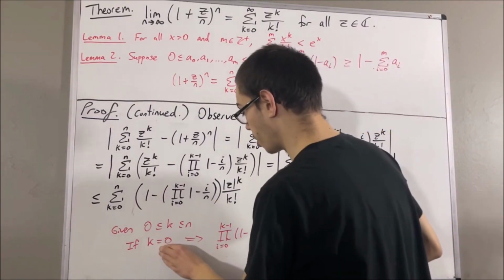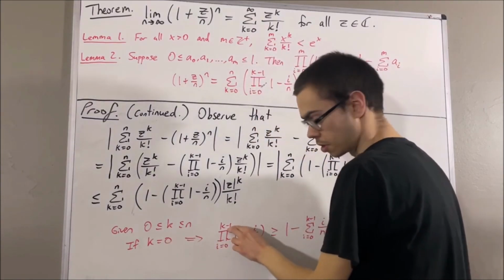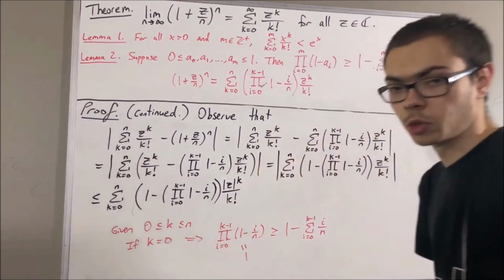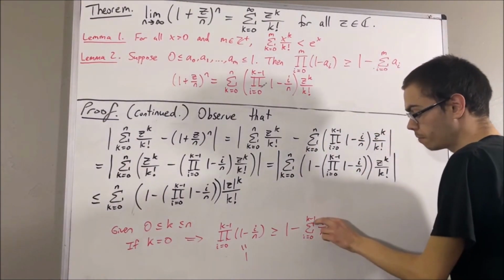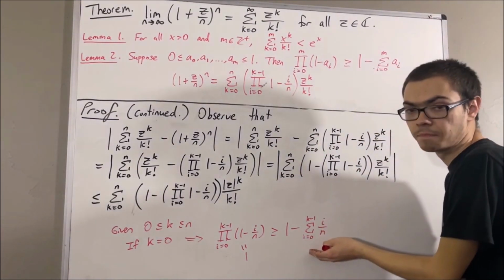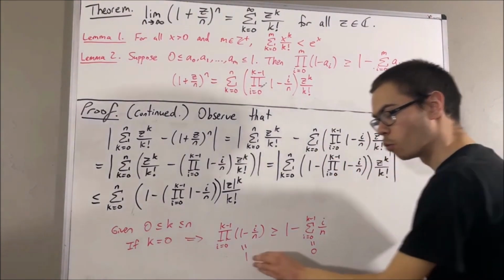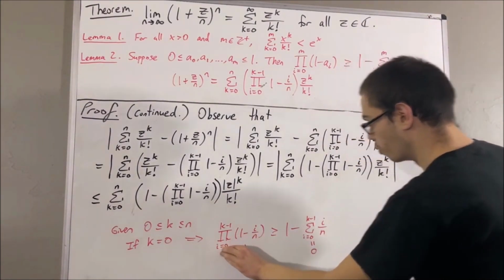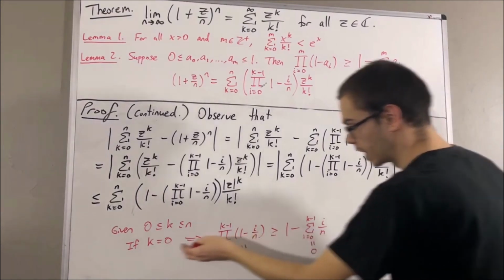Because if k is equal to 0, then we have a product from I equals 0 to negative 1. So this is an empty product, and by definition, an empty product is just equal to 1. This is a sum from I equals 0 to negative 1, so it's an empty sum. And by definition, an empty sum is equal to 0. So we have 1 on the left-hand side, 1 minus 0 on the right-hand side, so both these guys are equal. So this is true in the case where k is equal to 0.